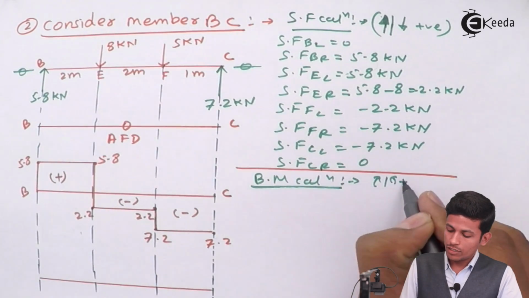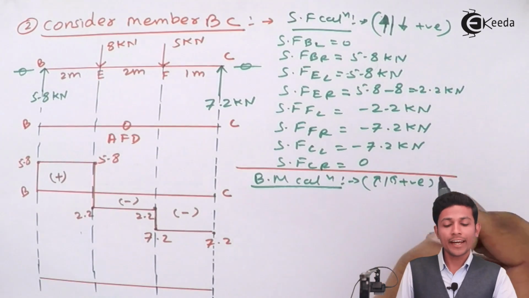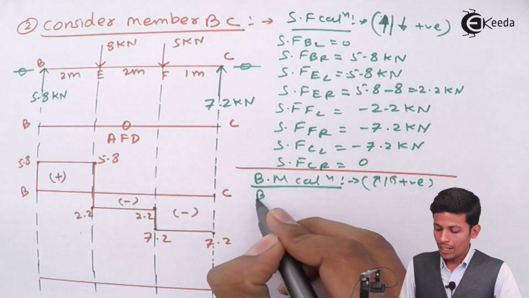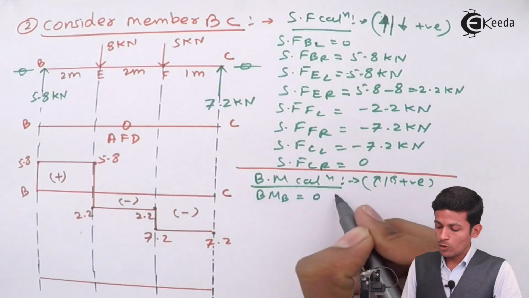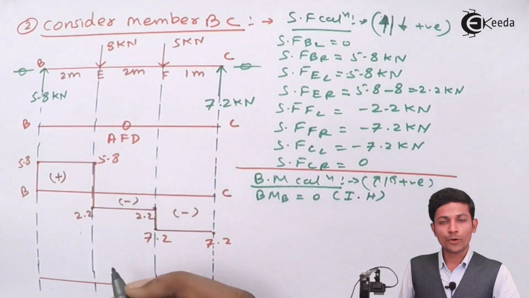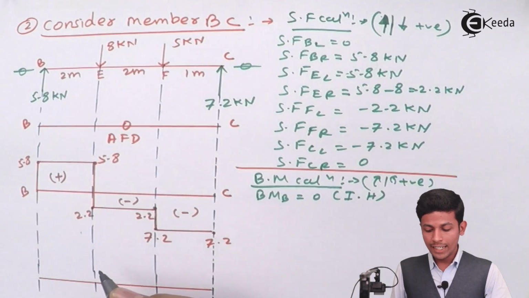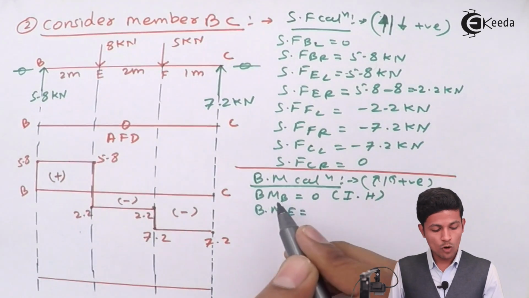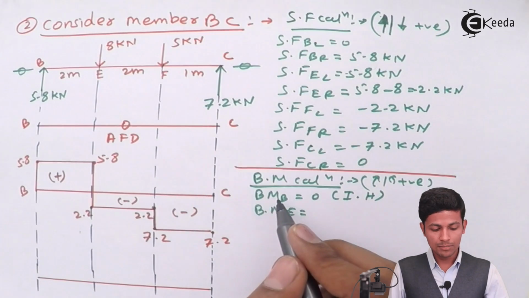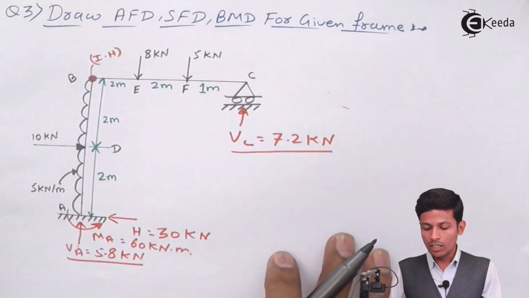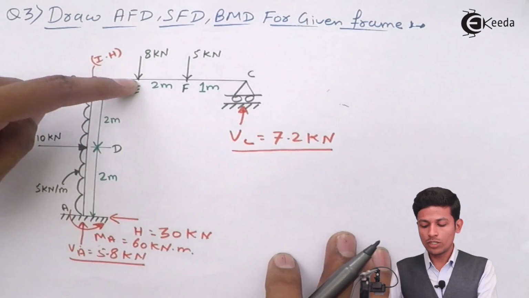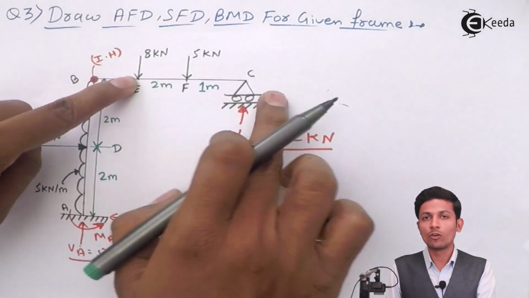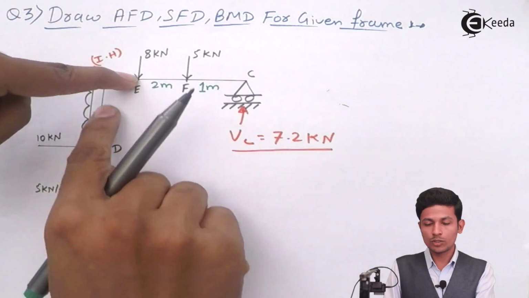Follow this sign convention: sagging positive, hogging negative. Now see, bending moment at B will be 0 because of the internal hinge. Now bending moment at E will become something. Bending moment at E, always see the original diagram. Please listen to this: for bending moment at E, always look at the original diagram. Don't look here, look here only, because this is not complicated, this is more complicated.